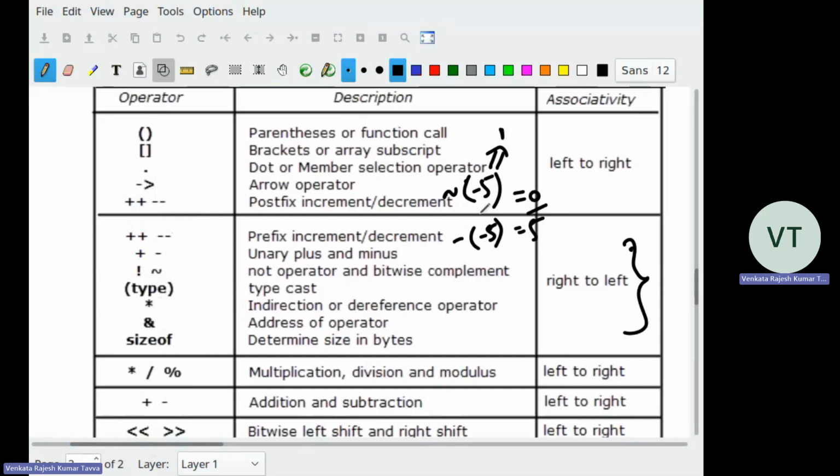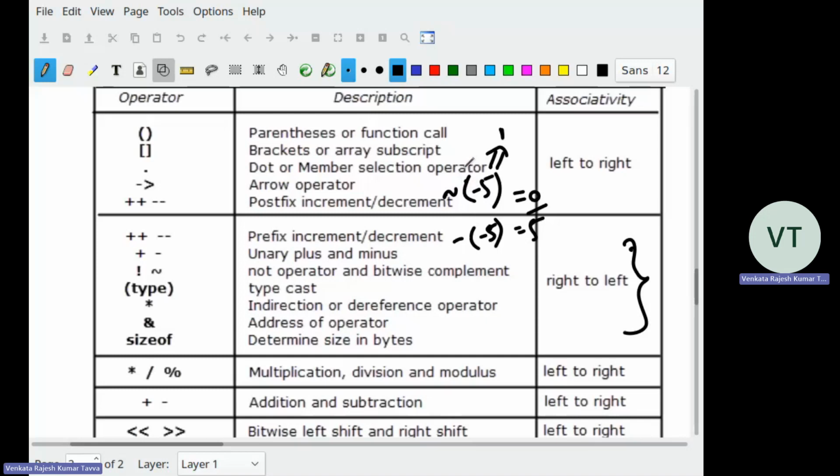Sorry, 251. 256 minus 5. If you remember, complement of minus 8 was 248. Why? 256 minus 8 is 248. Similarly, complement of 5 will be 251. So 251 you represent in binary and then perform one's complement of that, you will get a number. Okay, so that will be the answer.